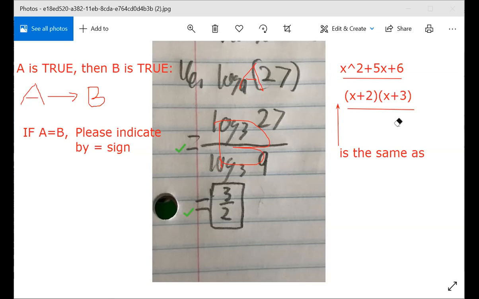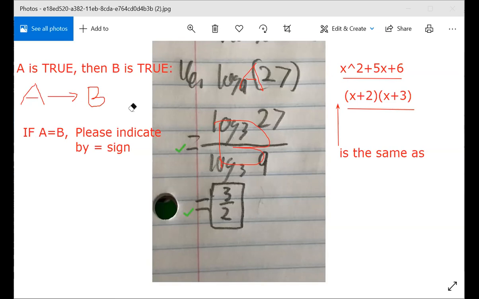So did I make my point? Yeah, so use it. If the two expressions are indeed the same, you should let the reader know that they are the same by putting an equal sign. If they're not the same, if one being true leads to the other, then you can use an arrow.